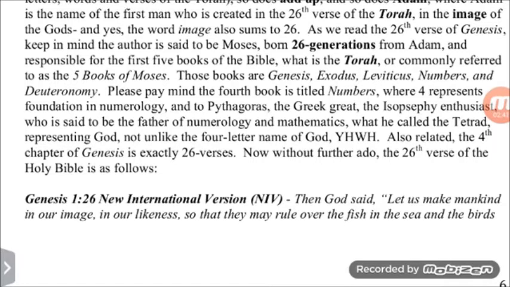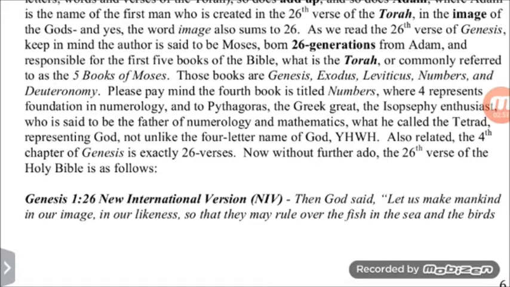What is the Torah, or commonly referred to as the 5 books of Moses? Those books are Genesis, Exodus, Leviticus, Numbers, and Deuteronomy.